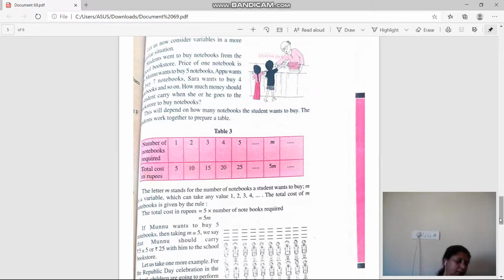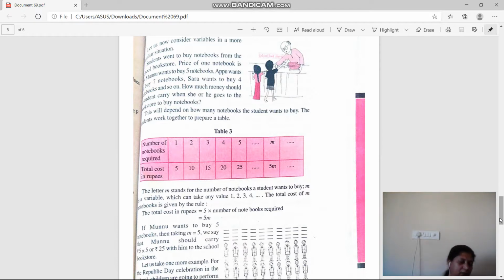The price of one notebook is ₹5. Munnu wants to buy 5 notebooks. Appu wants to buy 7 notebooks. Now, can you form the pattern? For one notebook the price is ₹5.